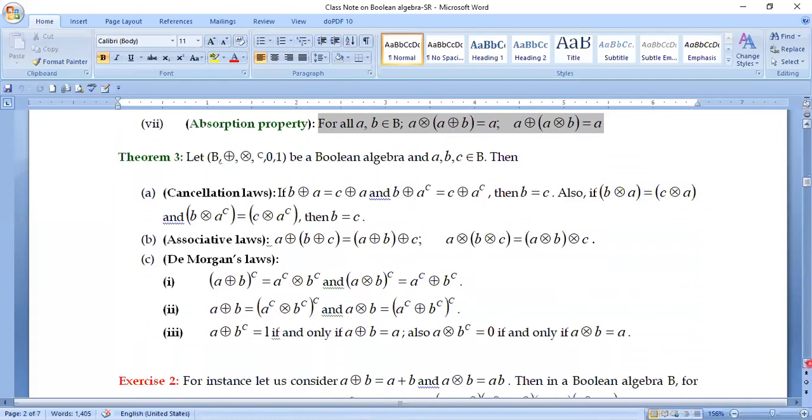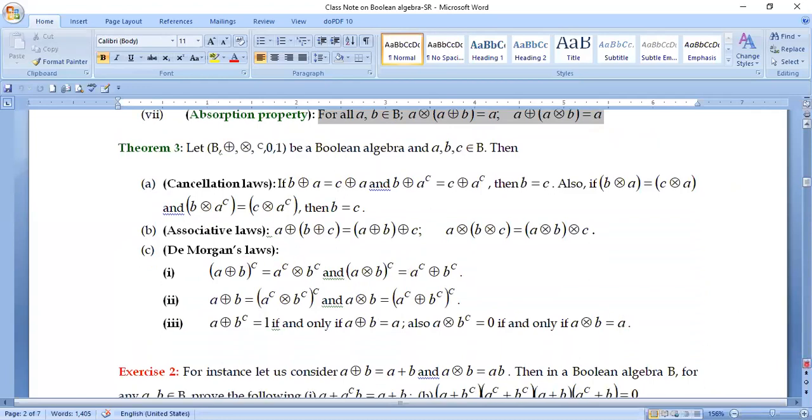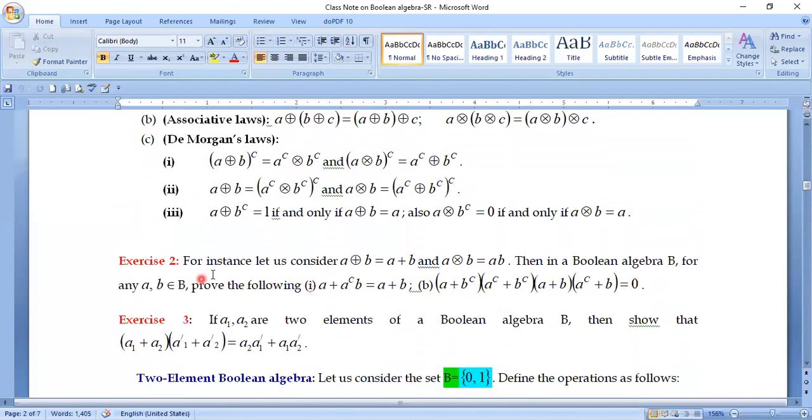So these are the laws which I explained in the last class. I did up to the absorption law and left this theorem 3 for you to prove by yourself. And also I showed you in exercise 2 how we can solve these types of examples by considering the different theorems and the axioms in the definition to get to the result.